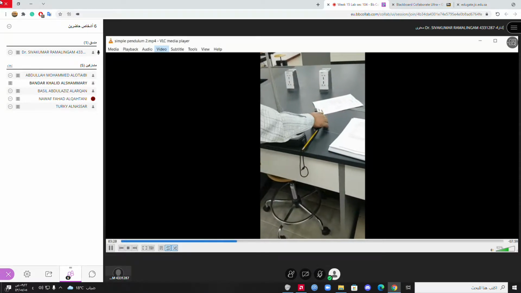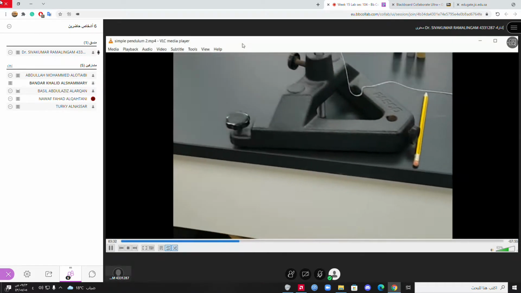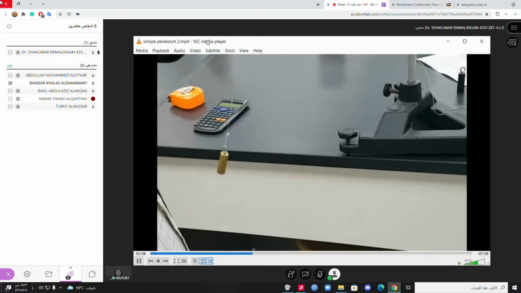And I want to find the time taken for 10 oscillations. Give the oscillation. Now the 1 meter pendulum is oscillating. Initially leave some oscillations because it may not be regular.